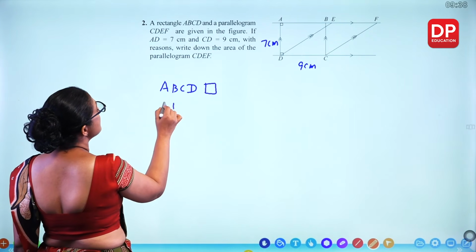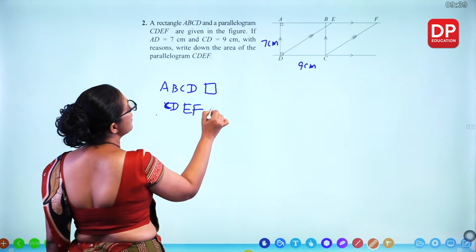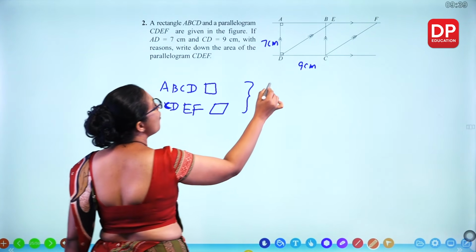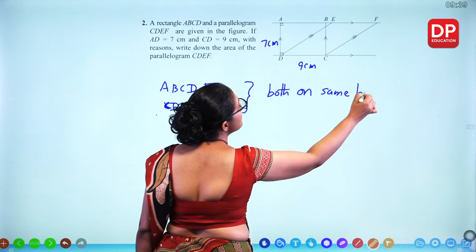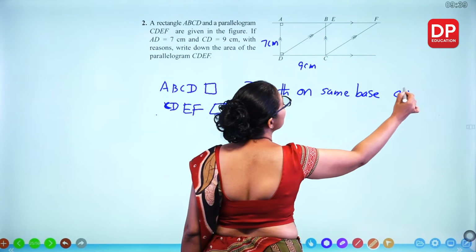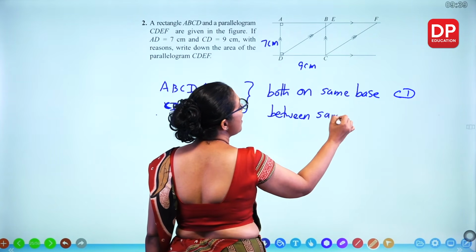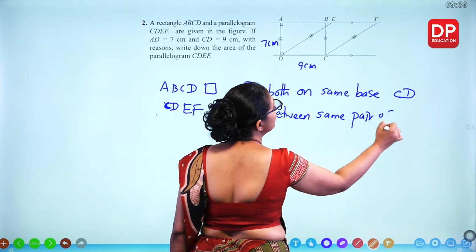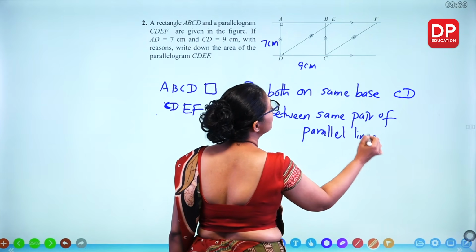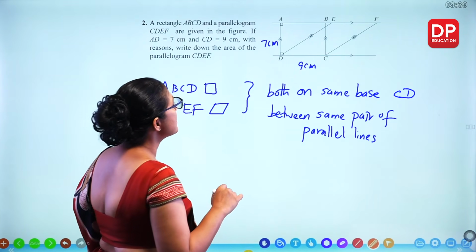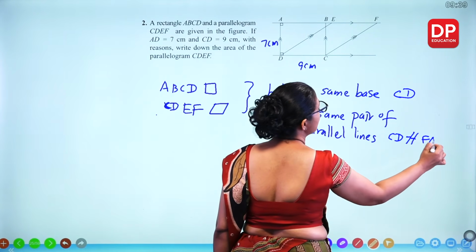CDEF parallelogram, both on same base CD and between same pair of parallel lines, CD and FA.